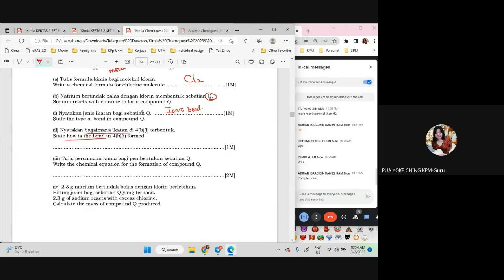If the first one comes in AC, it's 5 marks. So you will start with electron arrangement, and so on.